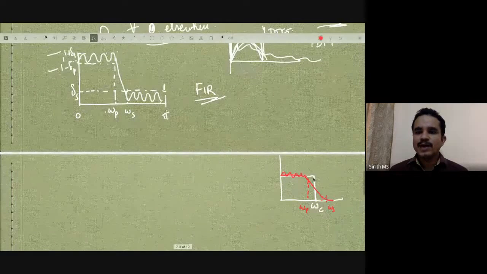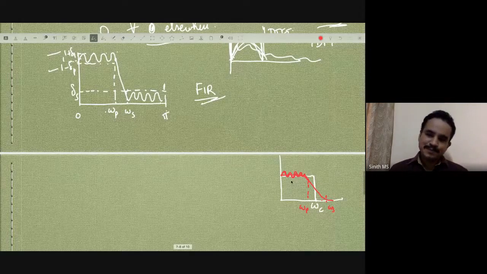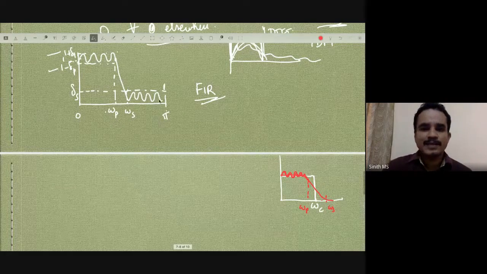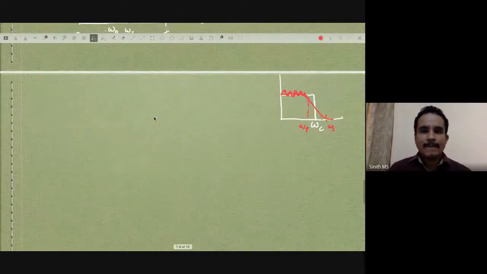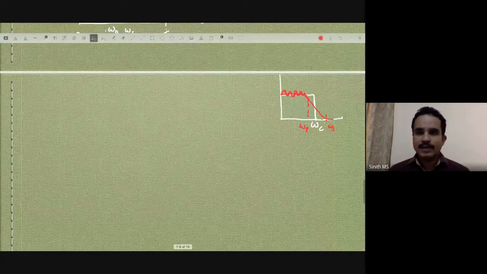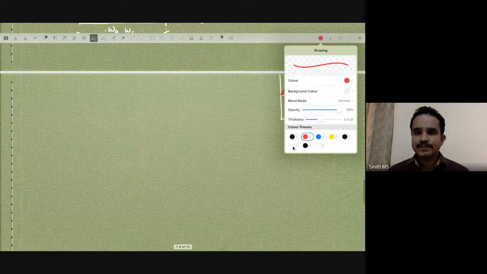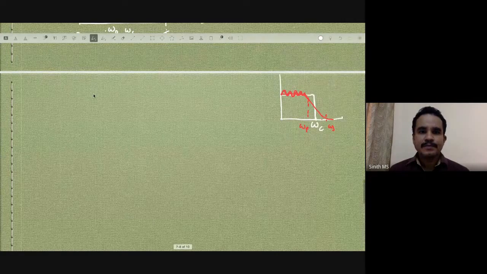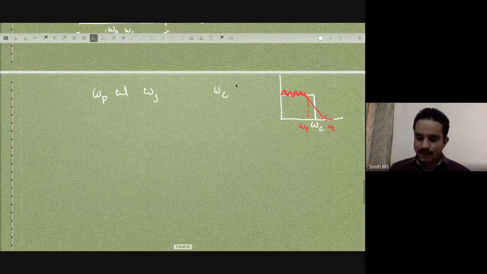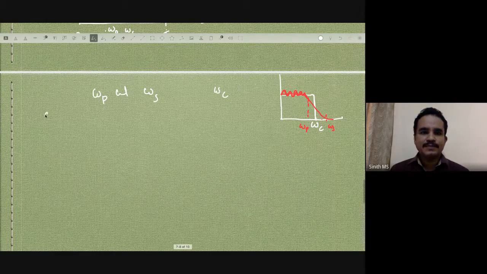So even though your ideal case is like this, your practical implementation will be something like this. Now, suppose omega p and omega s are given. How do you find omega c? Normally, omega c can be taken as the average of omega p and omega s.